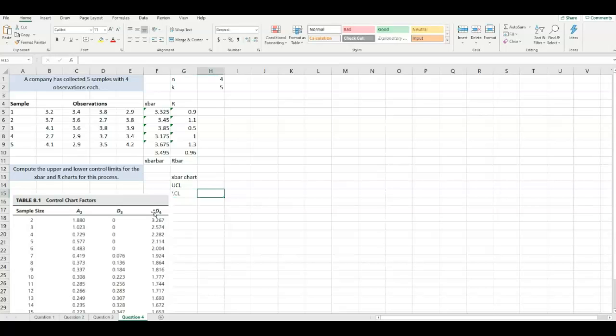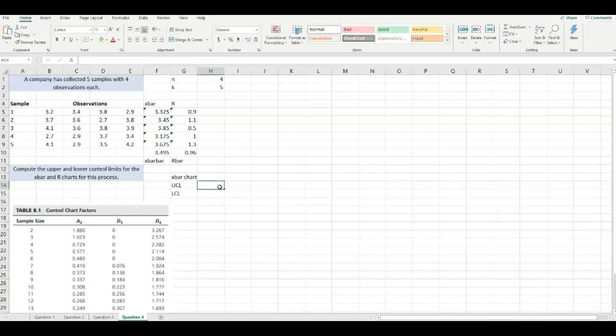For the upper control limit, we are going to use X bar bar plus A2, which is going to be a constant over here, times R bar. The lower control limit, we just toss in a subtraction, but everything else remains the same.